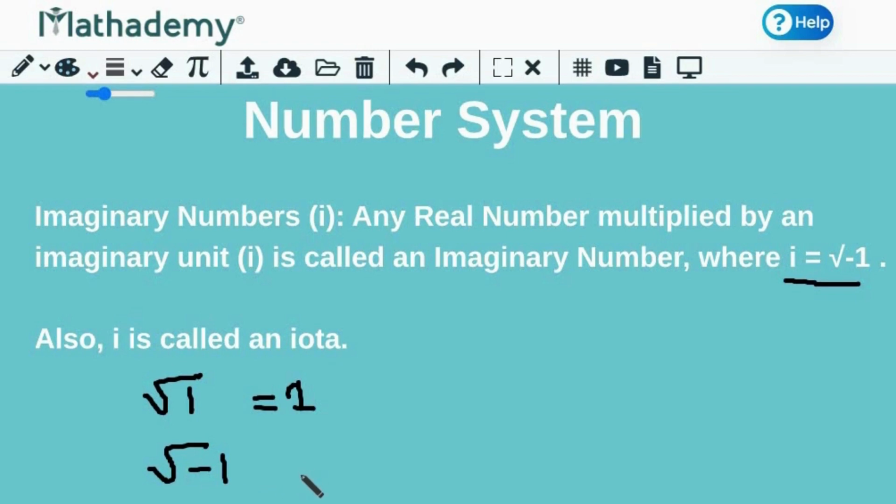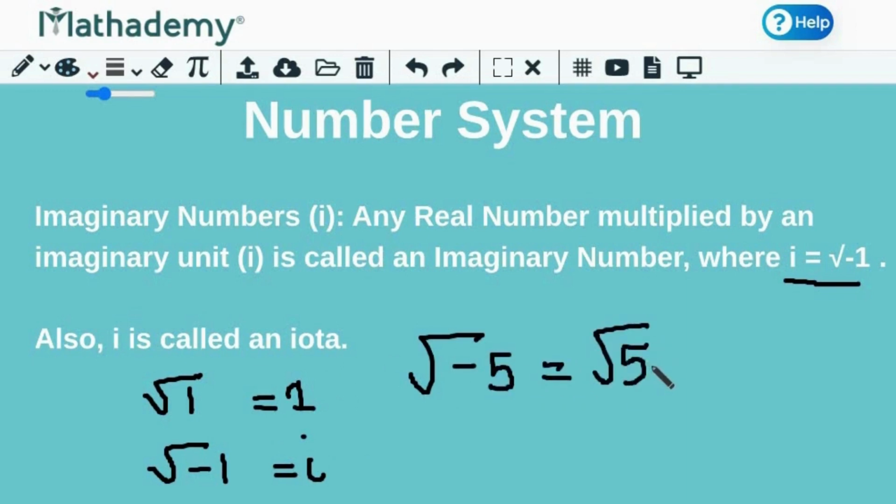So, I will assume root negative 1 as an imaginary unit and represent it by the symbol i. Let's say you have the number root negative 5. It can be written as root 5 multiplied by root negative 1, where root negative 1 can be written as i.